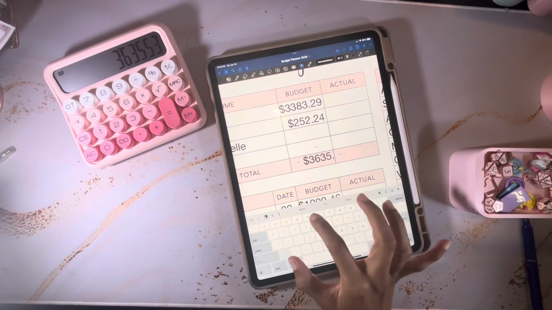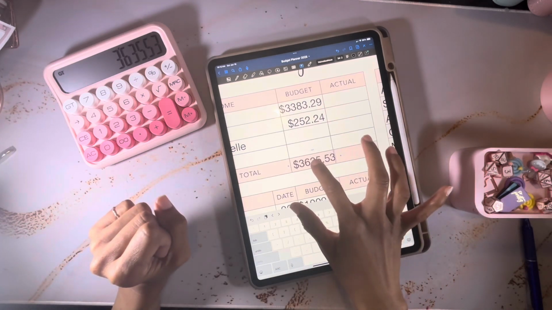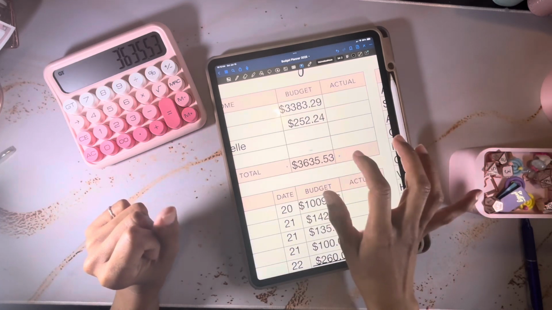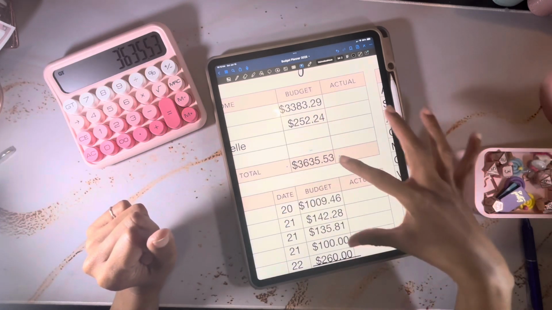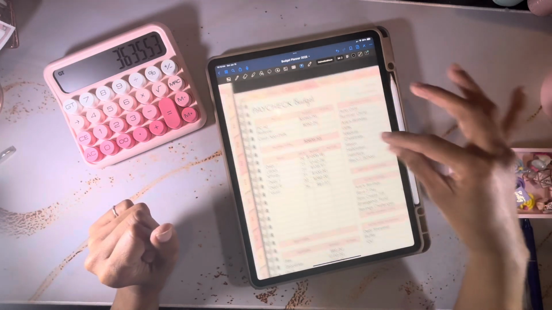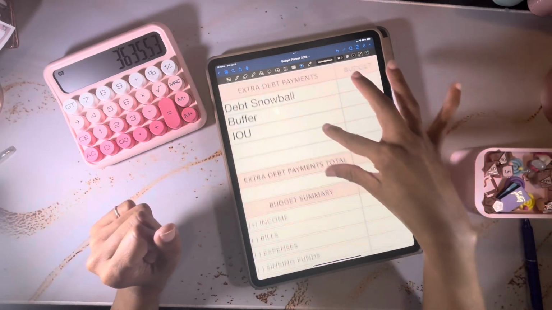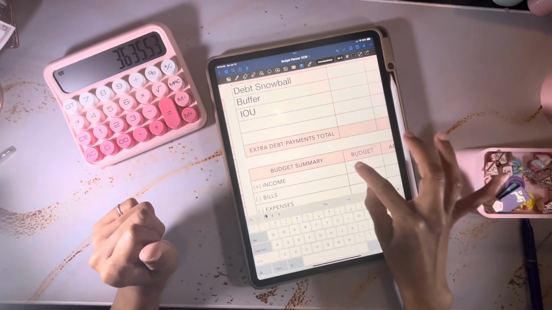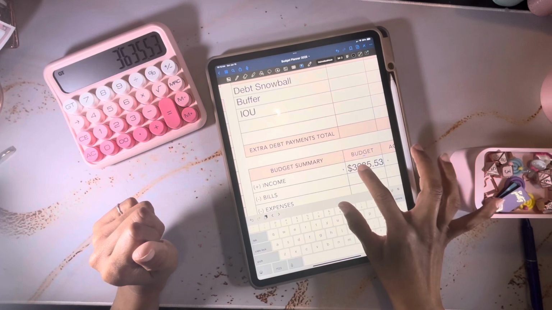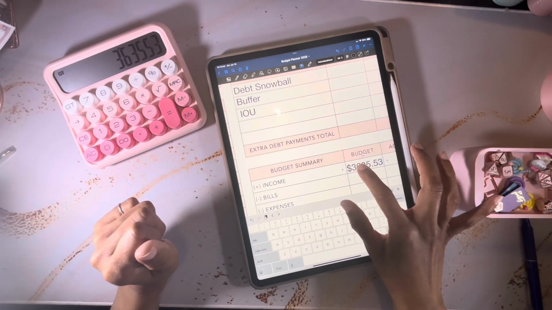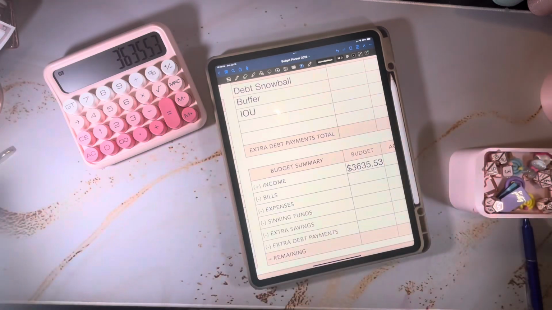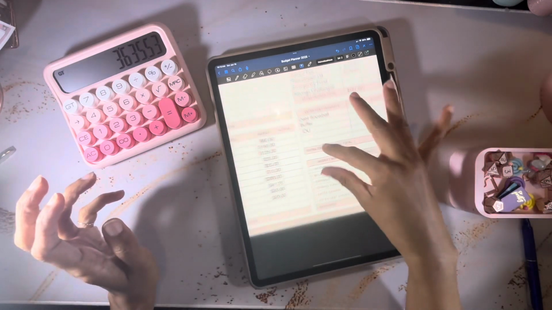That is the total that I will be working with for the second pay period in January. Let's paste the total here in the budget summary, so when we calculate this all up, we can see how we're looking for the end of the month of January.